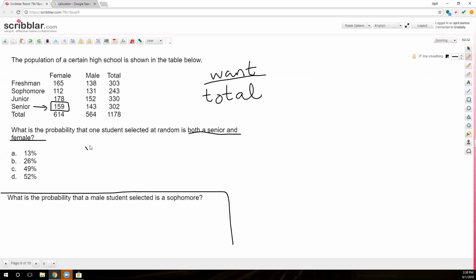We wanted someone who is both senior and female. So then they said one student selected at random. They didn't limit us. They just said from all the students, we're selecting one. So what's the total if we're picking from all of the students possible? Good, 1,178. That can be a tough one because there's a couple of different totals, but we wanted the total of everyone.